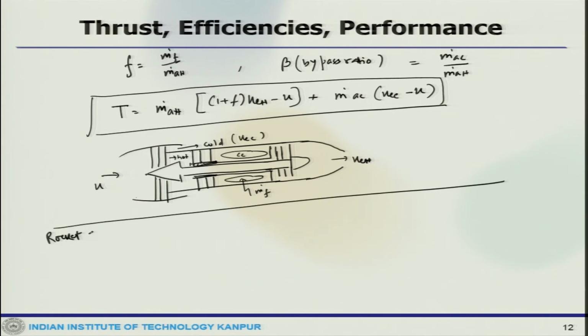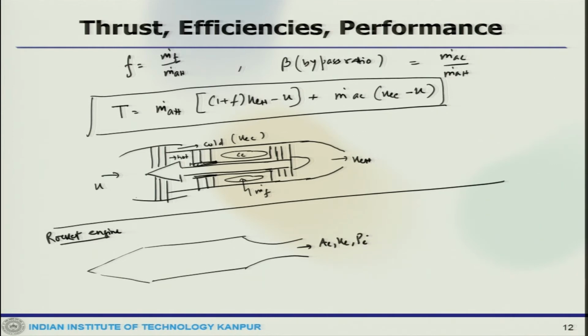Now, similarly, if you have a rocket engine, you get the exit here with A_E, U_E, P_E, and P_A at this. The thrust equation would be T equals m dot U_E plus (P_E minus P_A) A_E.